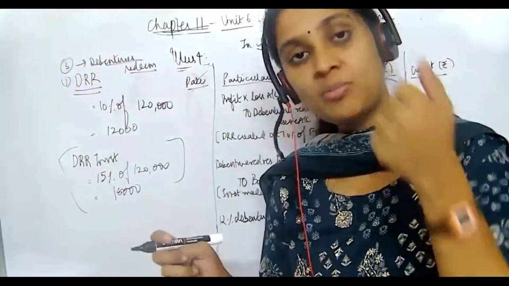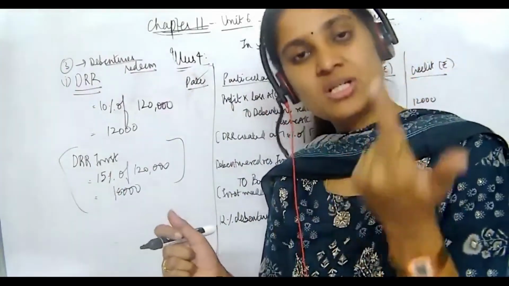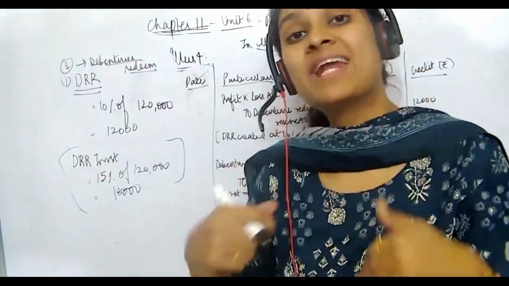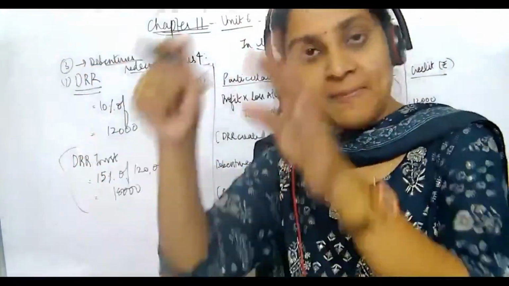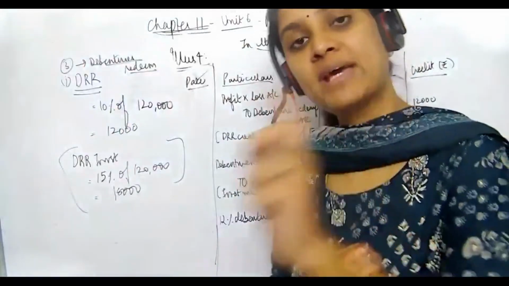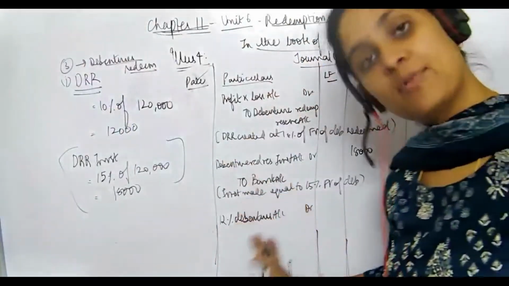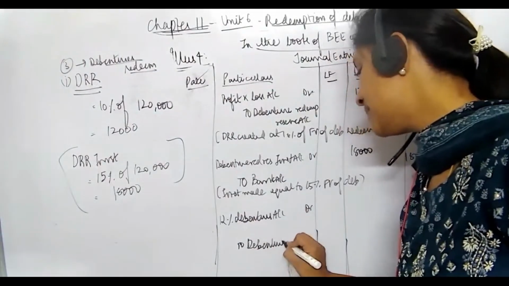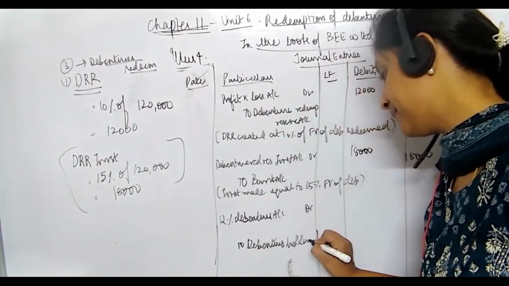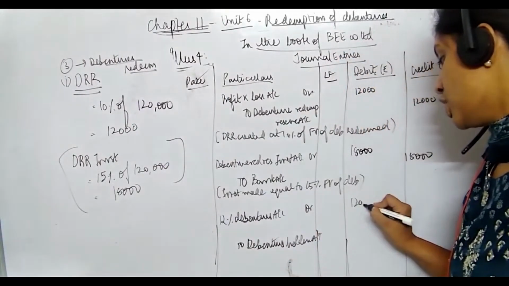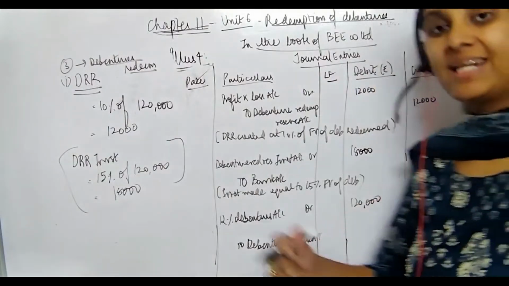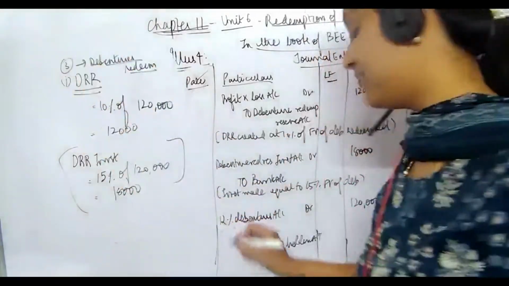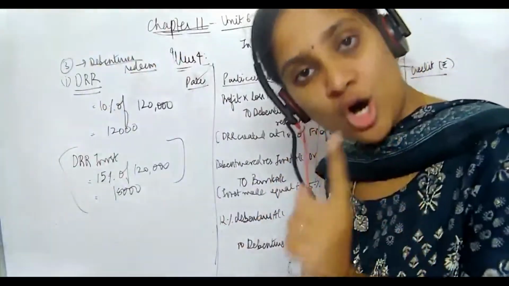So till now, preference share capital or debentures or equity share capital, all of them have credit balances. So when I reduce or give back to them, it means it is reducing. So I have to debit it. Same logic here for the debenture holder. So this will be the entry normally. But my dear students, you are not giving 1,20,000 as it is. You are giving 3% extra to them, which is nothing but a loss.